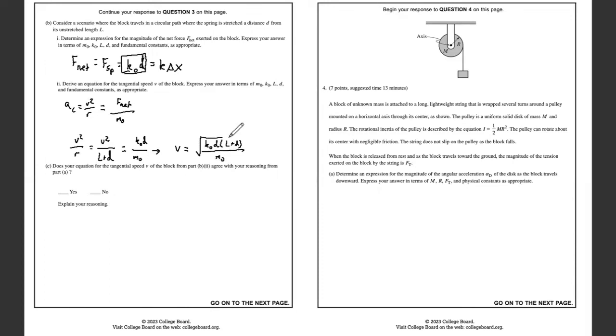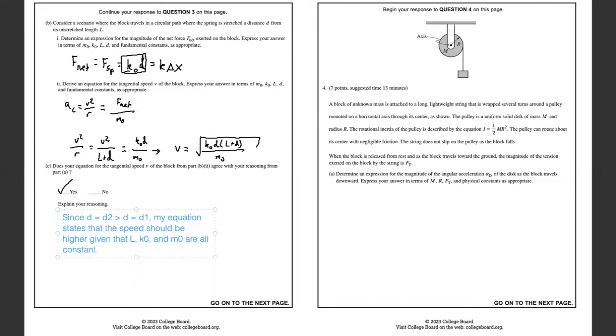And clearly that expression does agree with our reasoning, because what our equation says is that since D2 is greater than D1, my equation states that the speed should be higher, given that L, K0, and M0 are all constant.